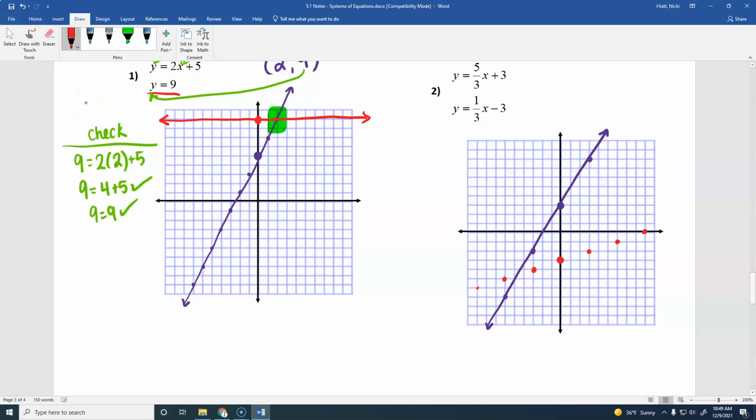And here is your problem for this one. We can see where they cross, but do they cross at a perfect location? They're not crossing perfectly on the grid lines there, which is one reason that this method is okay, but we're going to need to learn some other methods, right?